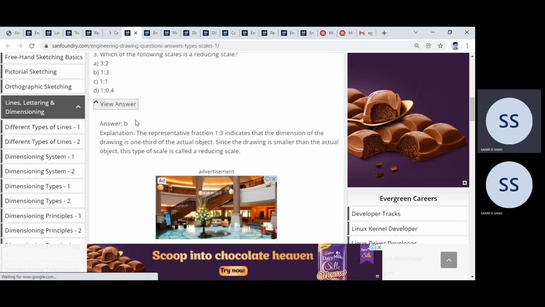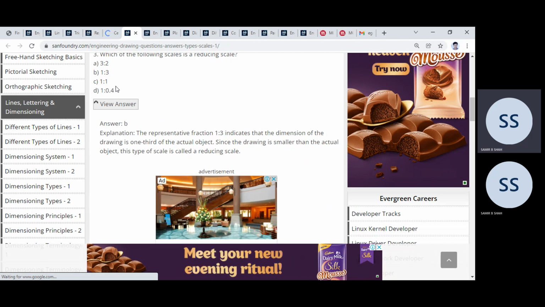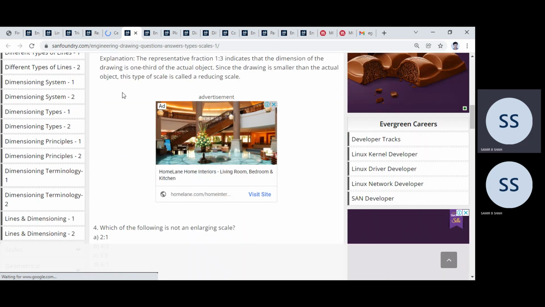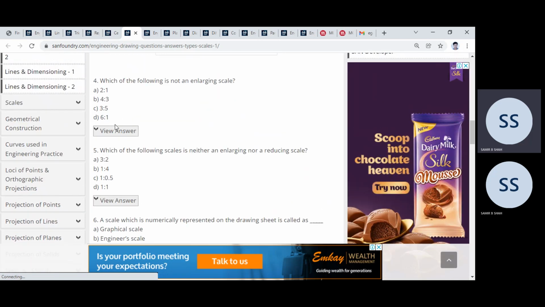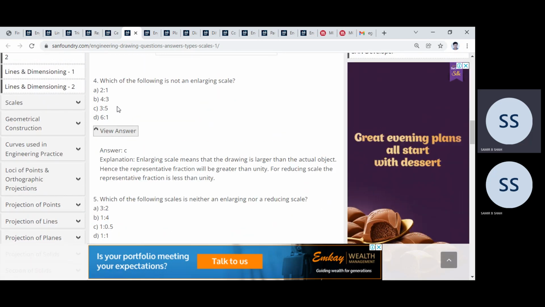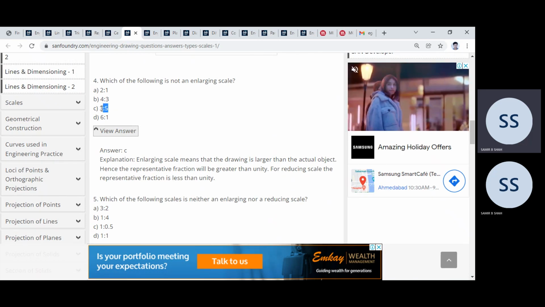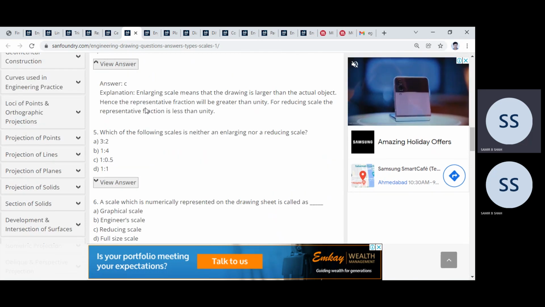You can just compare with the data, but you may be confused between option B and option D, so you have to calculate which of the following is not an enlarging scale. Okay, इन चारों में से कौन सा नहीं है? Here this is 3/5.